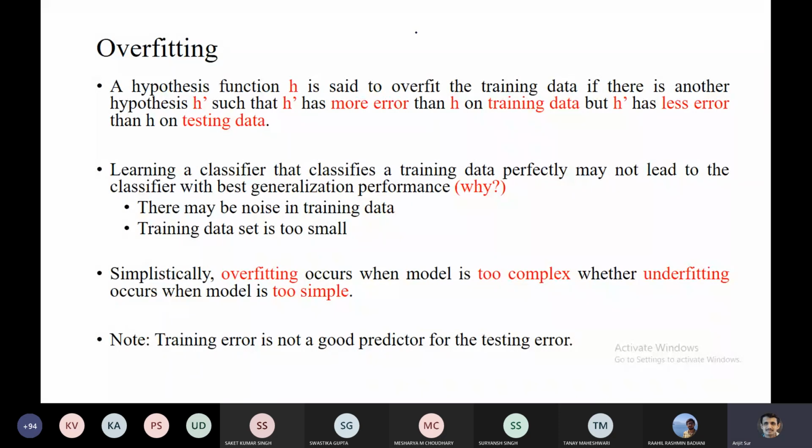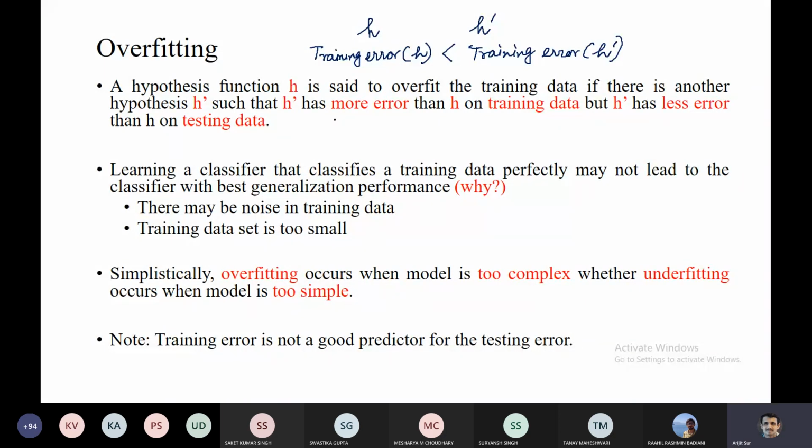So H is the hypothesis function for your model, and H bar is another hypothesis that is present. The training error of H is less than that of H bar.